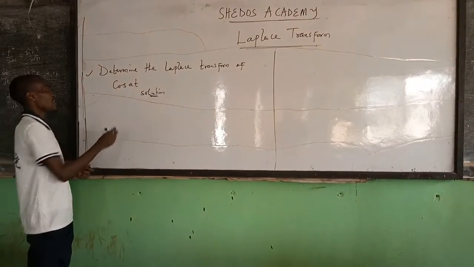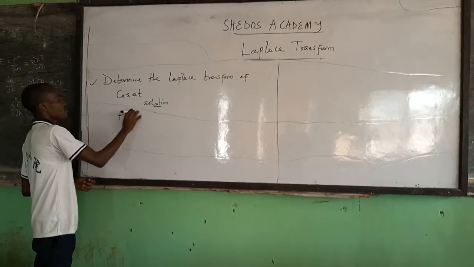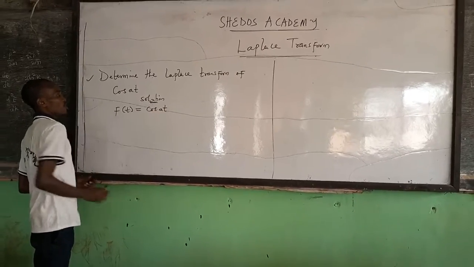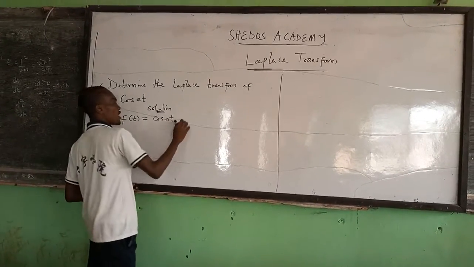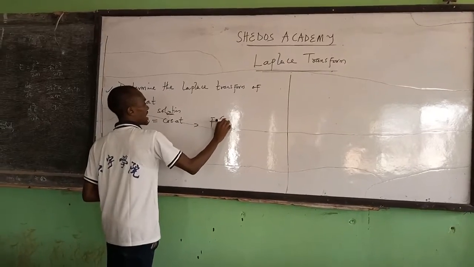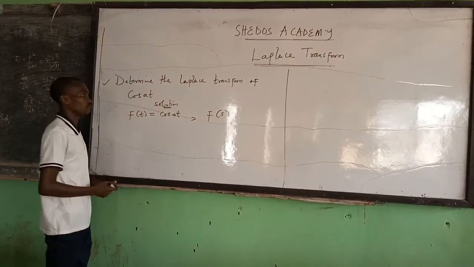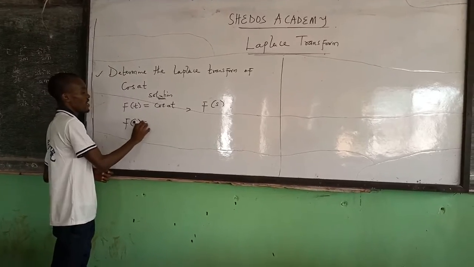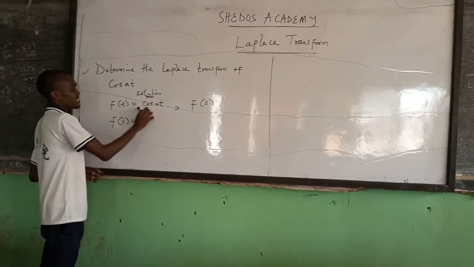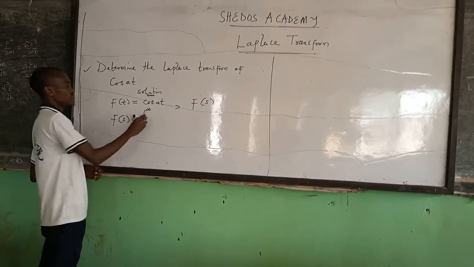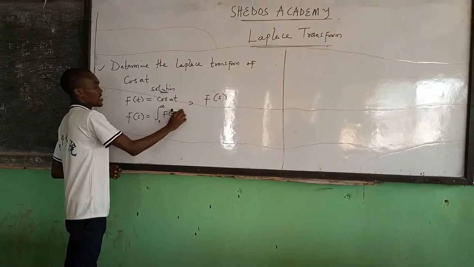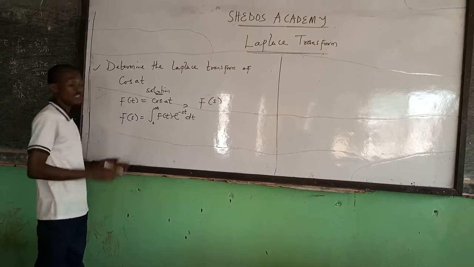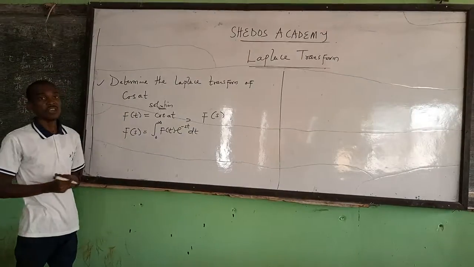So what we have here is our real variable function cos of at, and we want to find the Laplace transform of this. Remember that our Laplace transform F(s) is defined as the integral from 0 to infinity of f(t) exponential minus st dt. This is our Laplace transform.